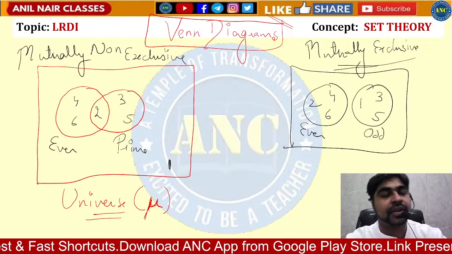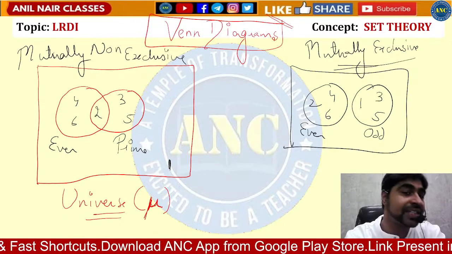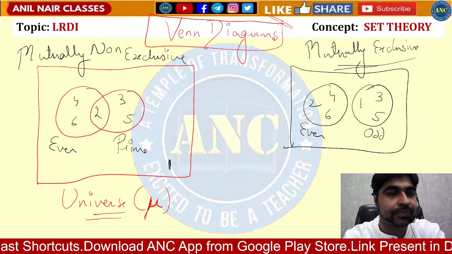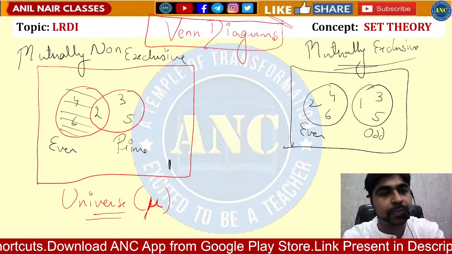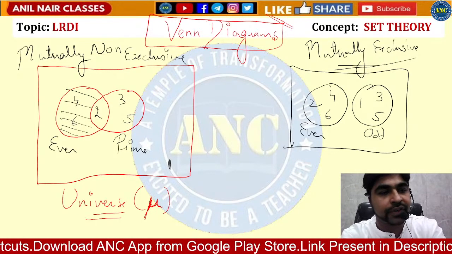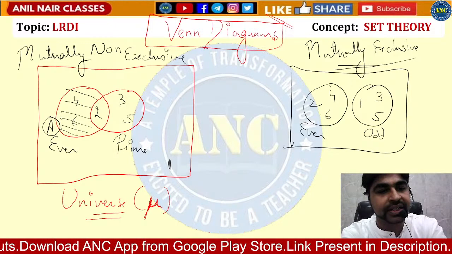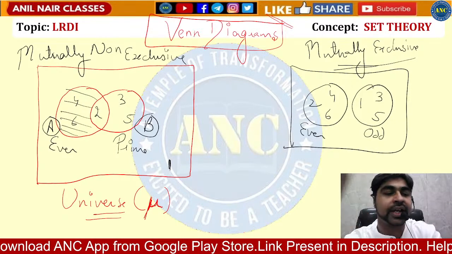So I have actually formed the regions that would be there in a two set Venn diagram. If I define this as A set, this as B set, what are all the portions that I get?